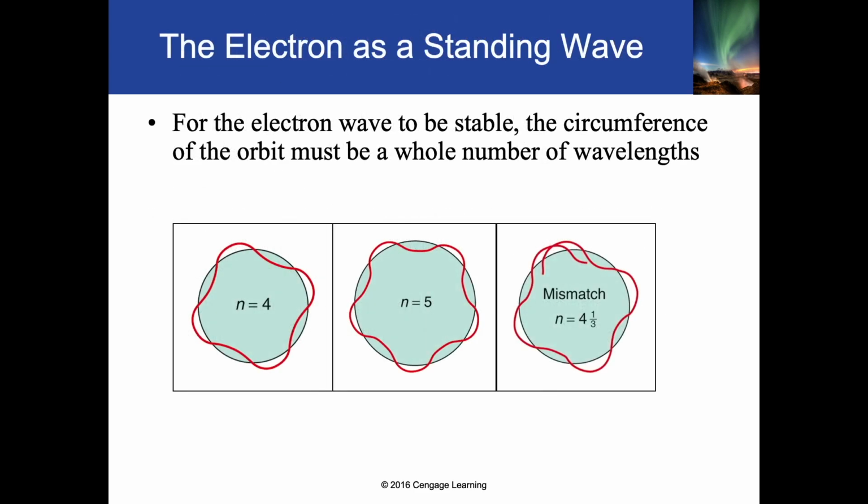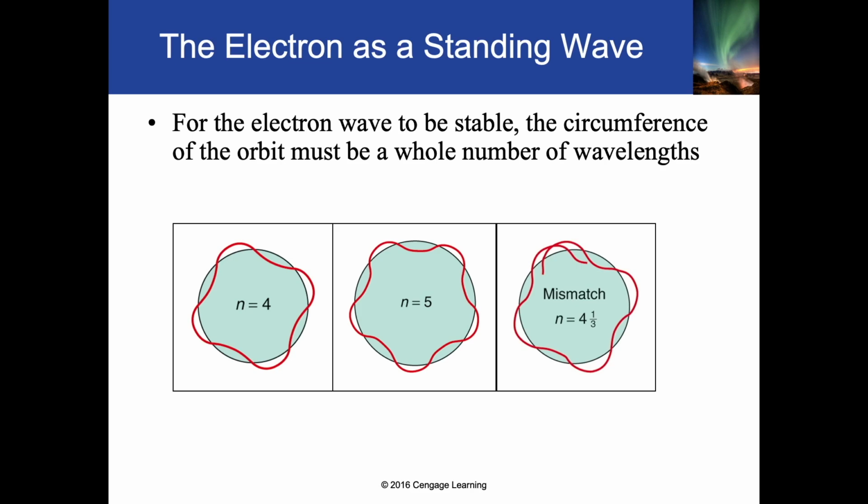For the electron wave to be stable, the circumference of the orbit must be a whole number of wavelengths. Here is the circumference of the wavelength of an electron, n equals 4, and you see there are 4 little humps. Here is n equals 5, with 5 little humps, and they're still all aligned. But when you get to n equals 1/3, there's misalignment.